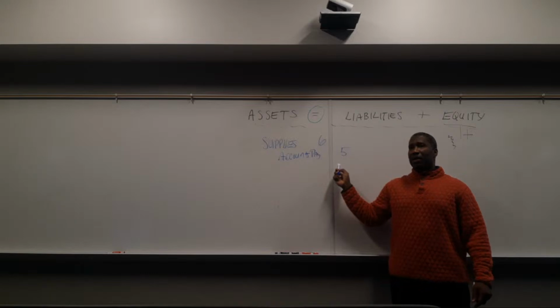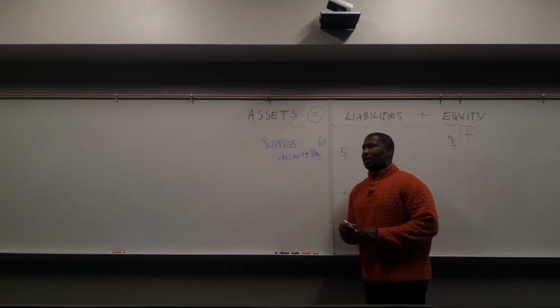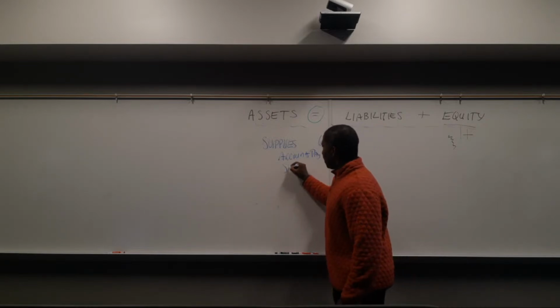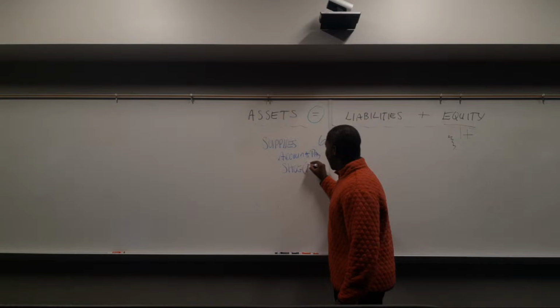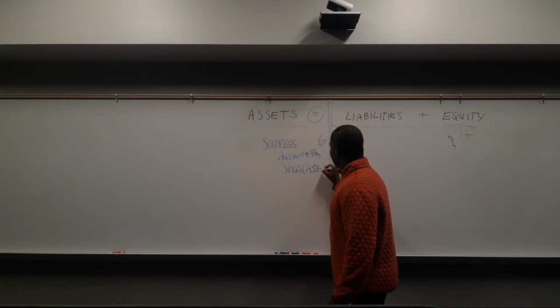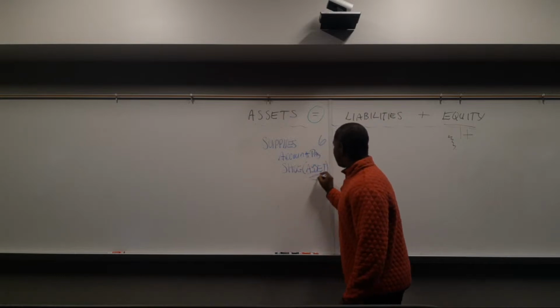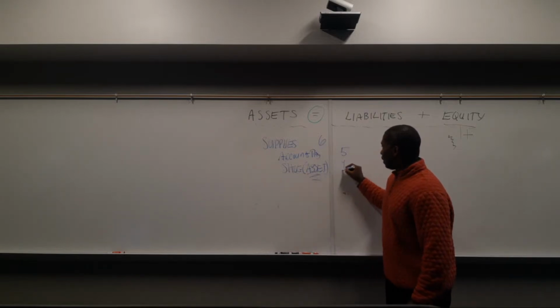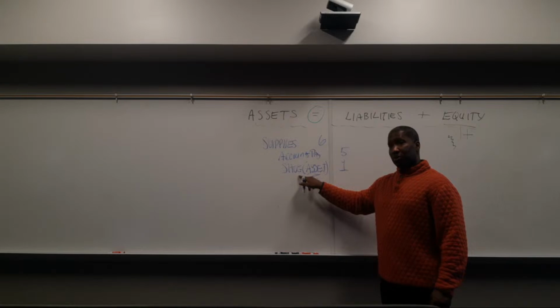What am I missing? How much am I missing? $1. Let's just say that I paid that off by giving them an asset called shoes, right? That is all we need to think about: is it an asset, liability, or equity? So it's shoes. You see, I'm reducing my assets because I'm giving them the shoes, right?